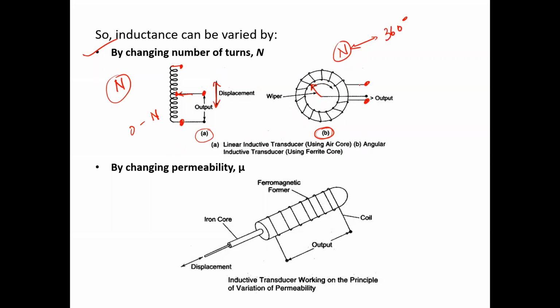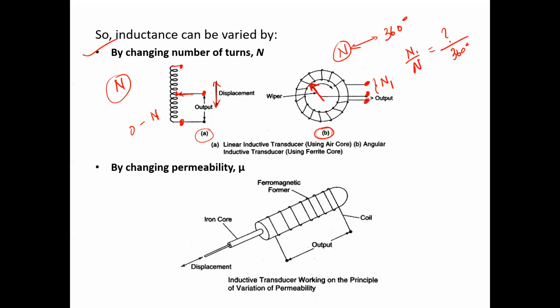So how much inductance you are getting between a fixed terminal and the movable terminal, or maybe the effective number of turns might be n1 up to this position. So n1 by n equals the unknown angle that you want to determine, divided by 360 degrees.